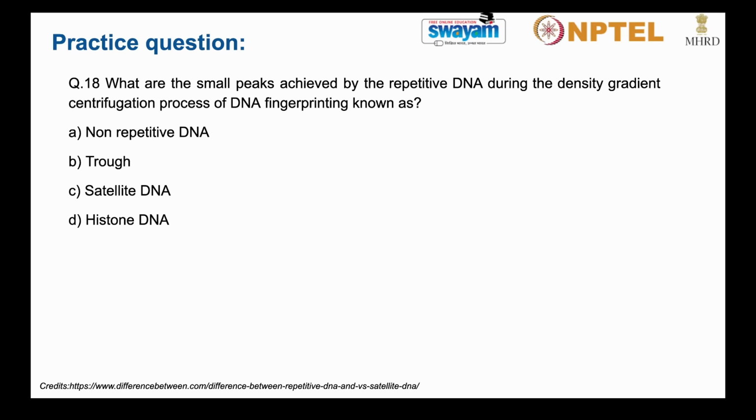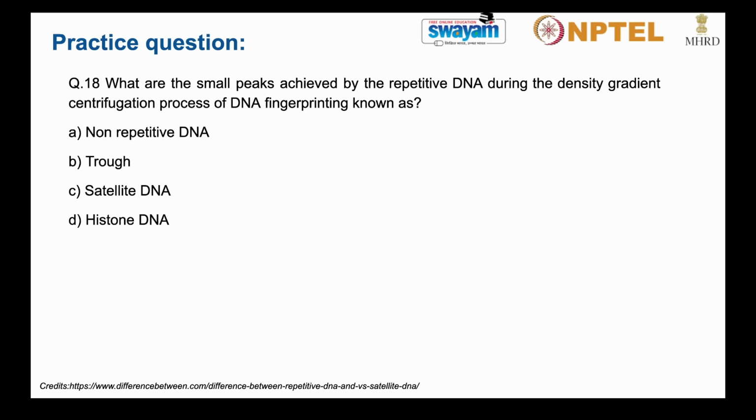They are not the peaks. Then comes option D, histone DNA. Why would you look for the histone? Because histone is a protein that helps DNA to wrap around. So they do not form the small peaks, because here you are entirely focusing on the DNA. You have obtained the DNA, not the histone with it.